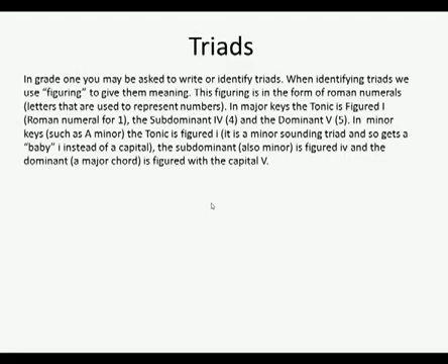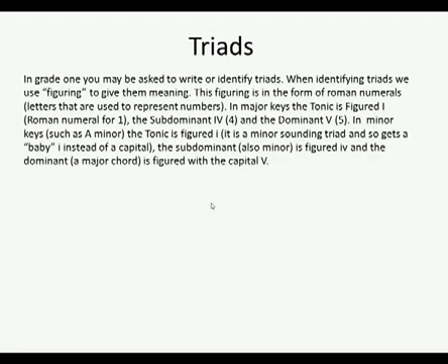In grade 1, you might be asked to either write the triad or identify the triad. So when identifying triads, we use what we call figuring to give them meaning. This figuring is in the form of Roman numerals, which are really just letters that we use to represent numbers.